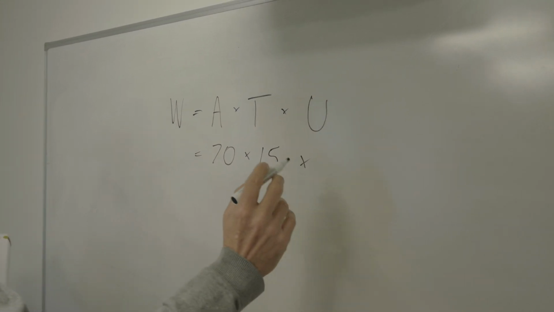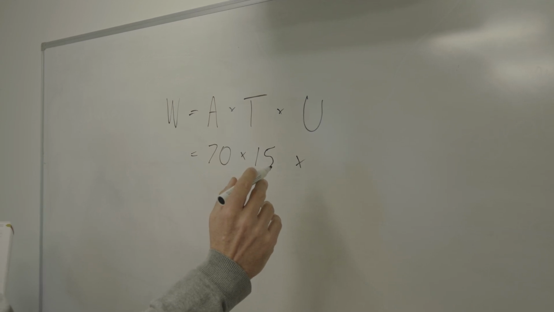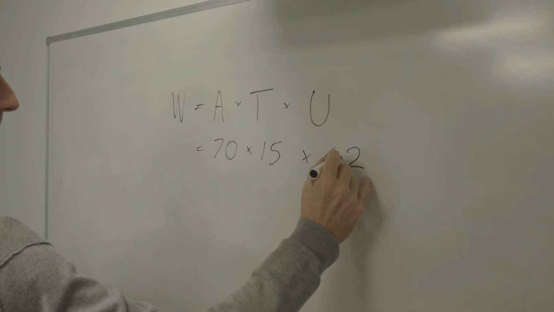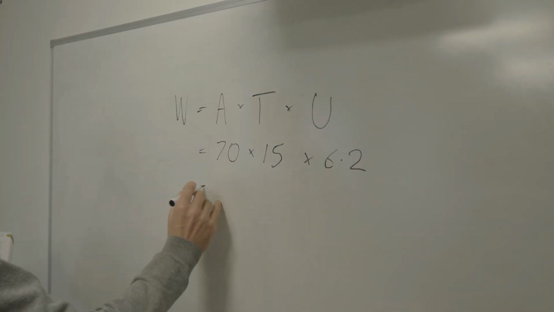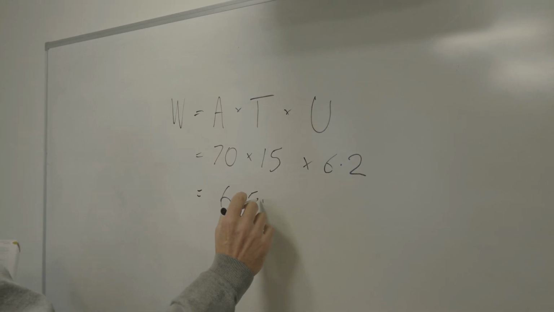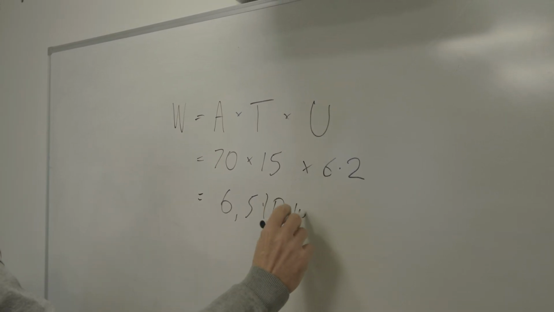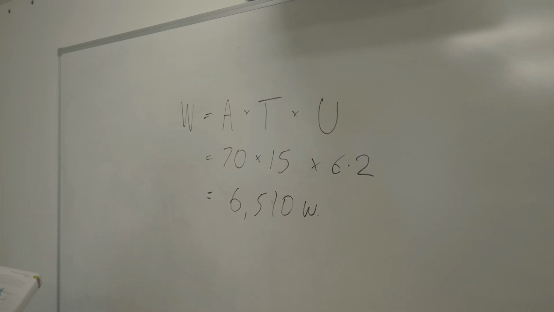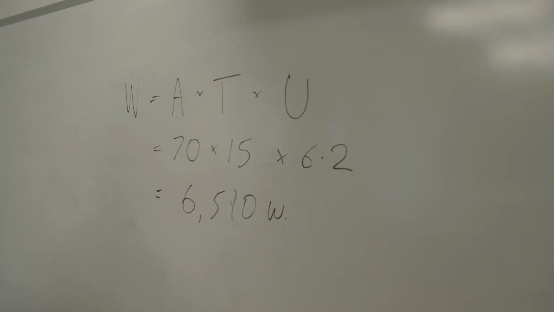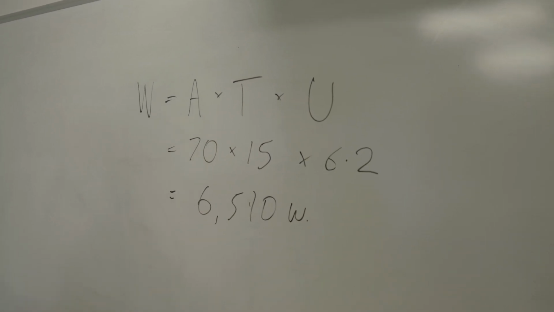And let's say that the glazing unit you had has a U value of 6.2, which is pretty much standard glazing. Well, what that amounts to is 6,510 watts. Now if you think about buying a heating unit, that's a big heater. That's 6.5 kilowatts. That's a big kind of air conditioner.